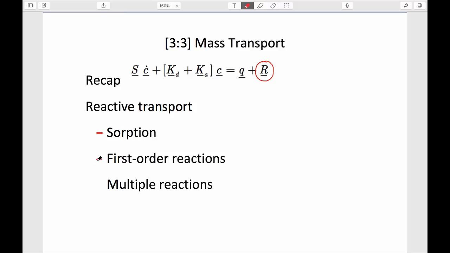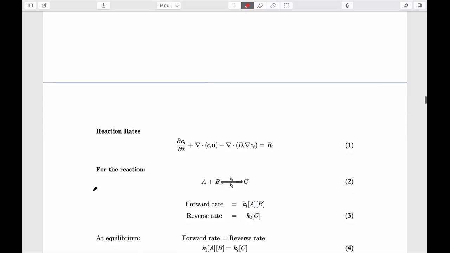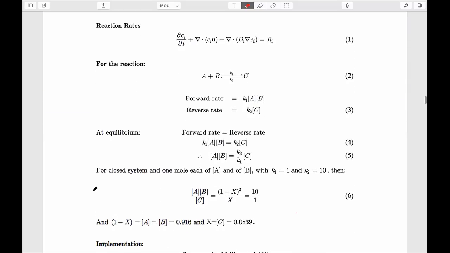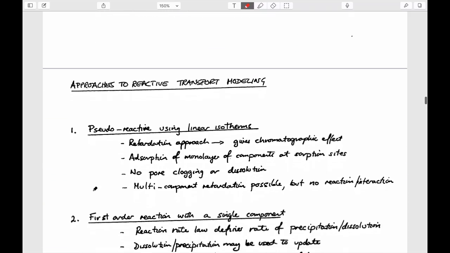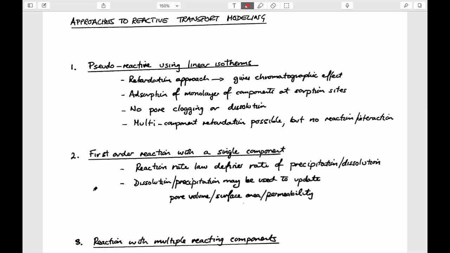So for us, first-order reactions would be things like precipitation and dissolution, which are driven by the concentration gradients between the static media which you absorb onto and the fluid that's flowing past it. And multiple reactions would be actual reactions that occur within the flow field. And they're relatively straightforward to take care of. We'll come back to this as the third of these, this suite of behaviors.